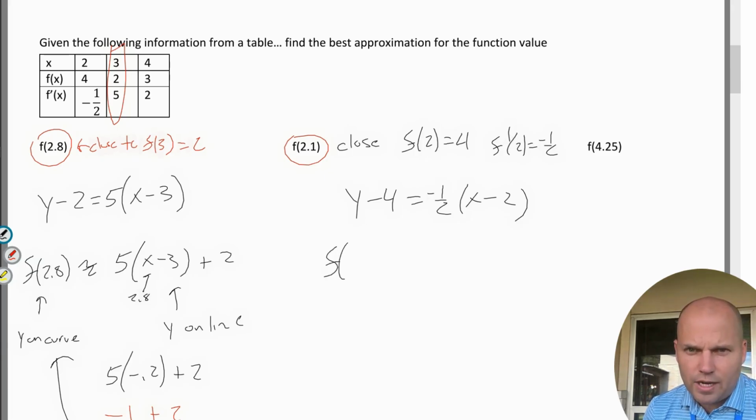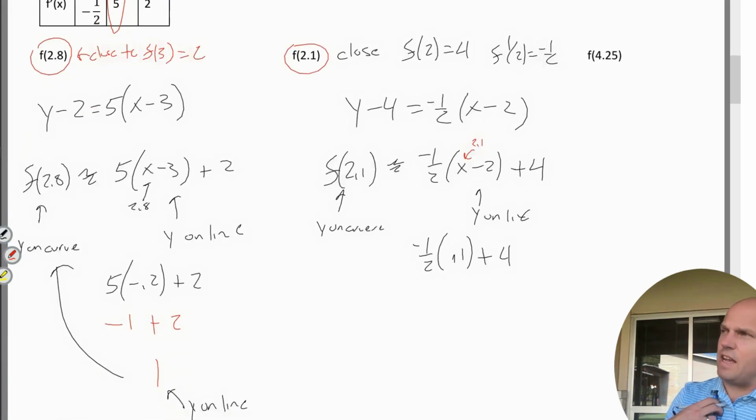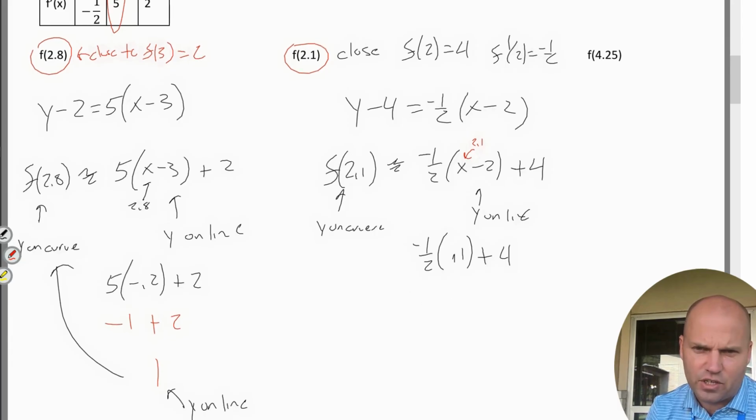So I will try to approximate a y value on my curve, on my curving function. To do that, I will use my line and I will plug in 2.1 in for x to get negative a half times a tenth plus 4. You could think of this as 0.5 times 0.1, which is negative 0.05.